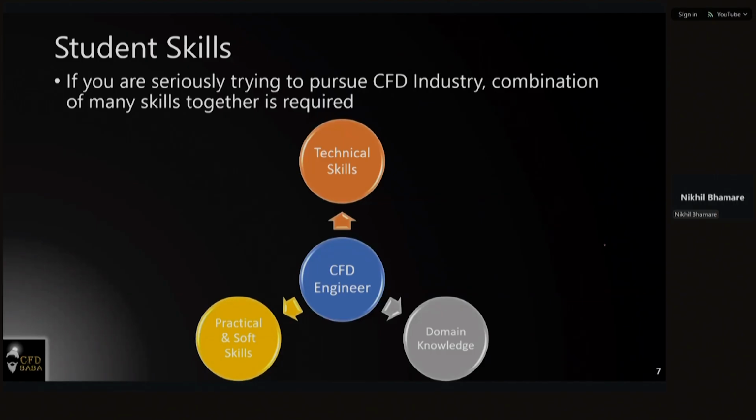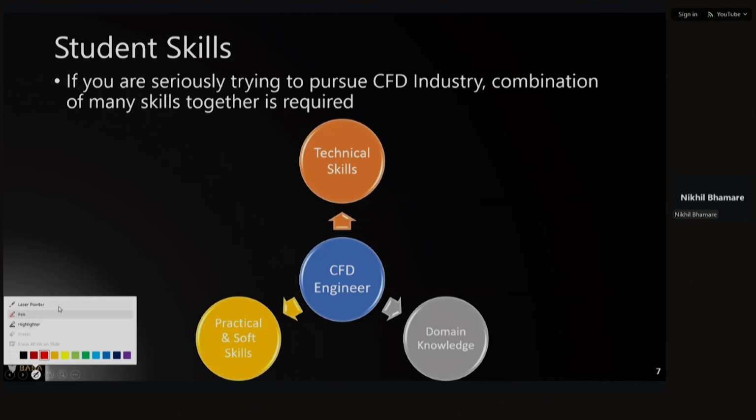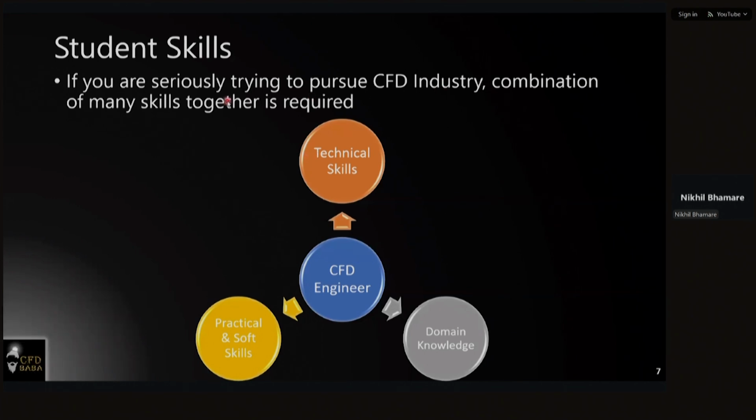What skills do you need if you are seriously trying to pursue your passion in the CFD industry? You need a combination of many skills together. We have technical skills, we have domain knowledge, and we have practical and soft skills.